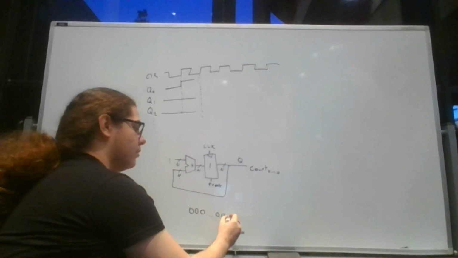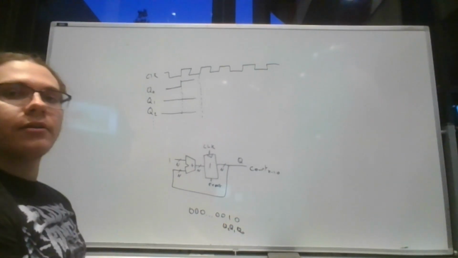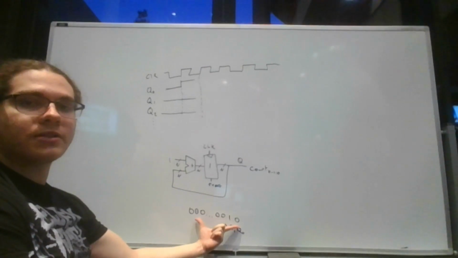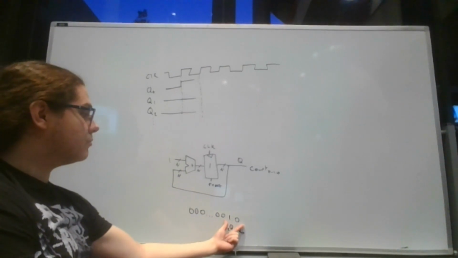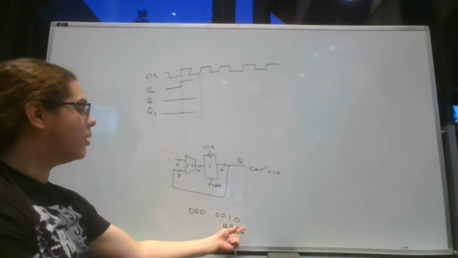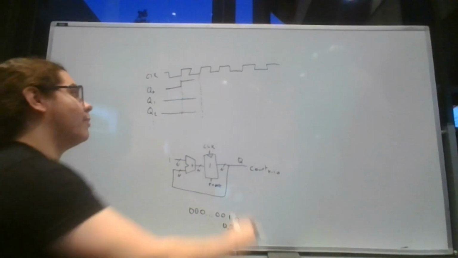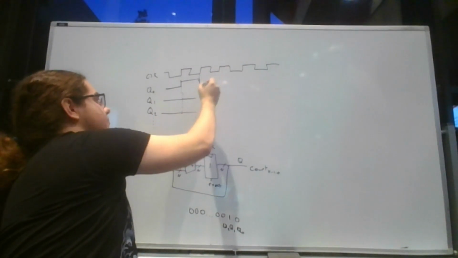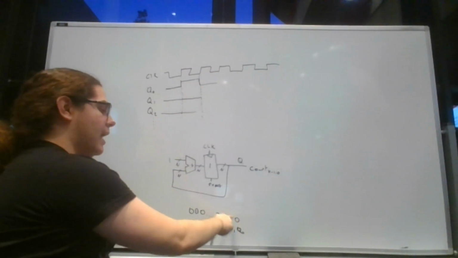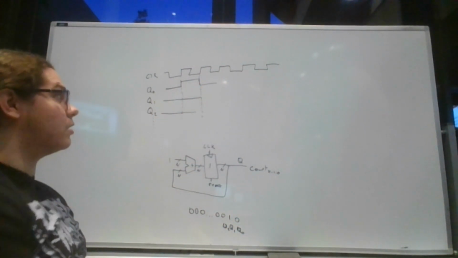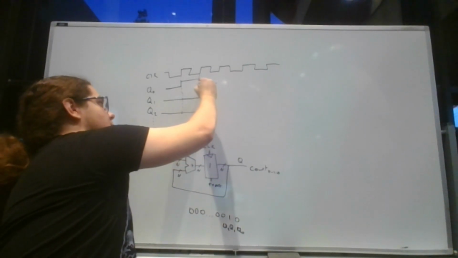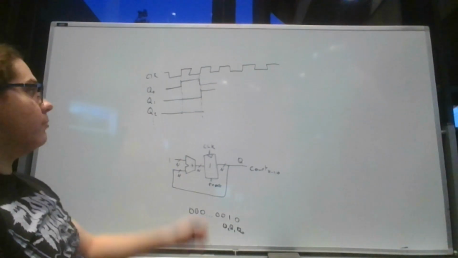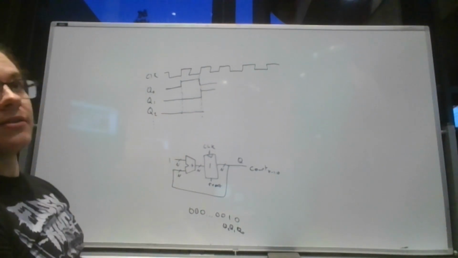All I did was write the binary representation of 2, and here you'll notice that Q bit 0 has actually gone back down to 0. But our next least significant bit has gone up to 1. And our next bit, Q bit 2, is still 0.